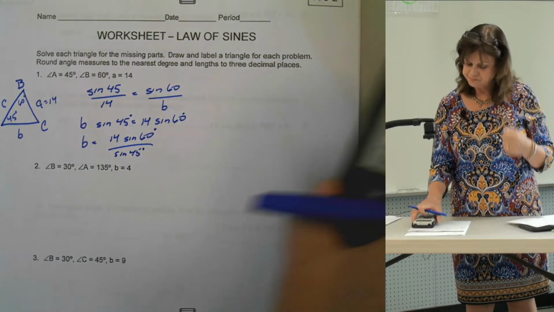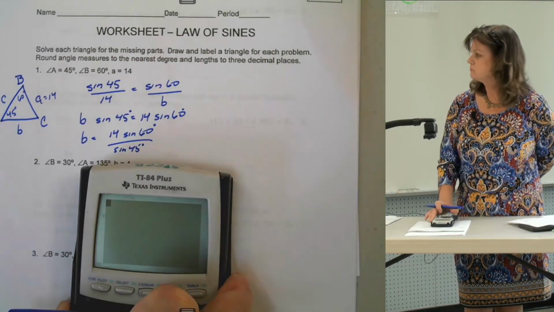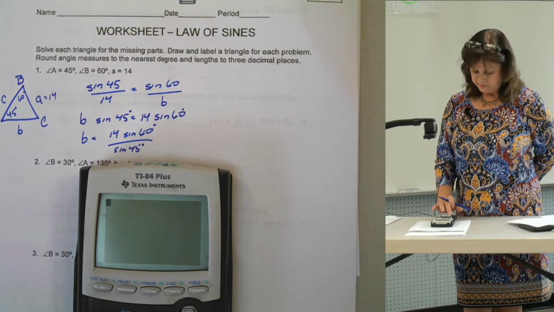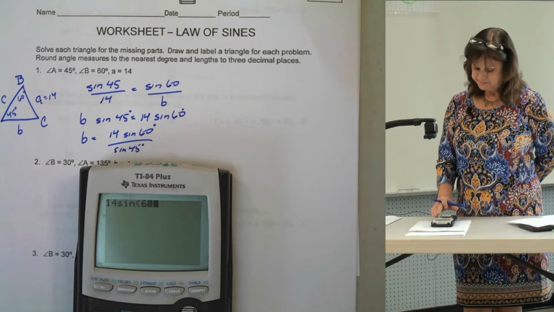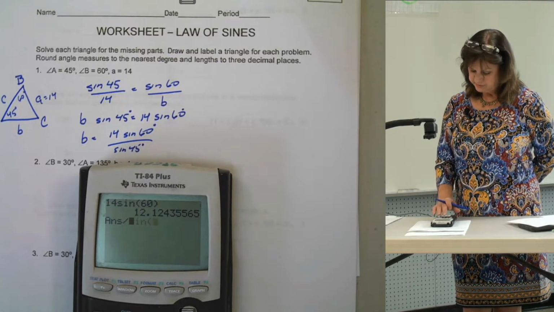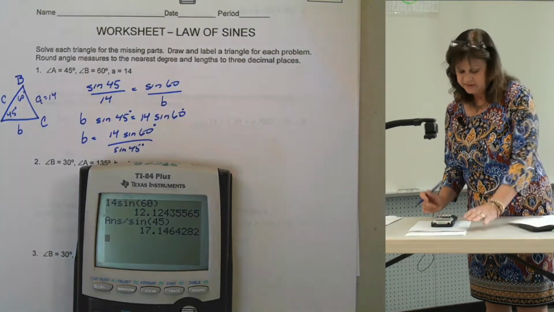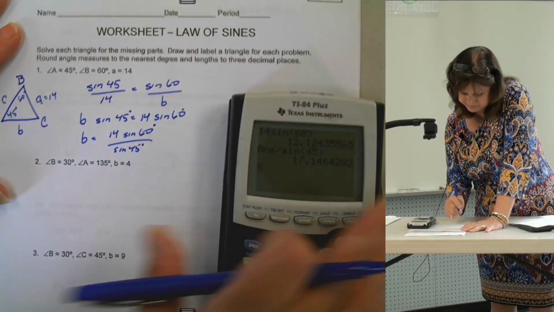That's 14 sine 60 divided by square root of 2 over 2, and you get a length of 17.146.